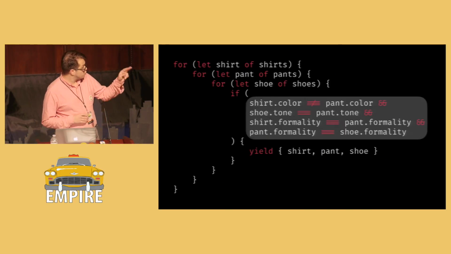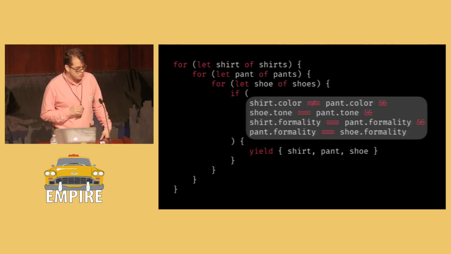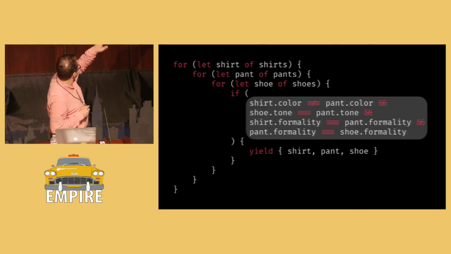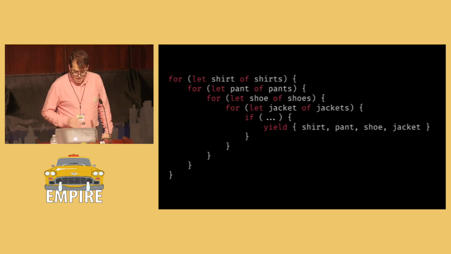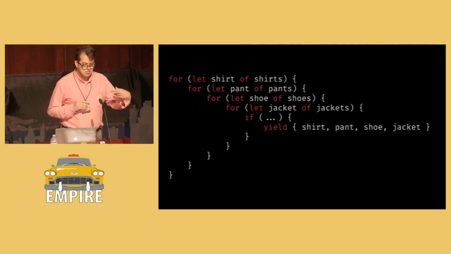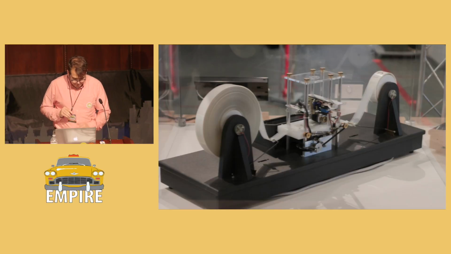You have these nested loops, and if you wanted to change the rules of outfit matching, you have to change the algorithm. If I wanted to add additional rules, I would probably add more clauses to this if block here. If I wanted to add more things to the algorithm, like jackets or accessories, I'd have to add another layer of loops. And if I didn't want this to run in exponential time, I'd have to rewrite the whole thing from the ground up.